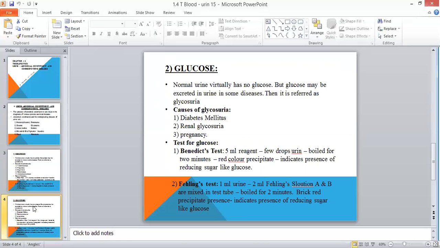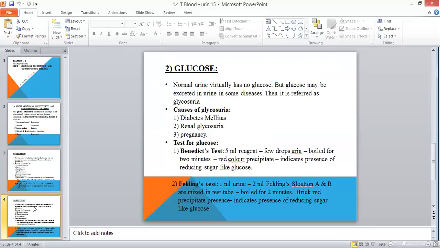Now the mechanism. What is the mechanism? Glucose is present in the glomerular filtrate in the same concentration as in blood plasma. When blood glucose level increases to more than 180 mg per dl, the glomerular filtrate contains more glucose.